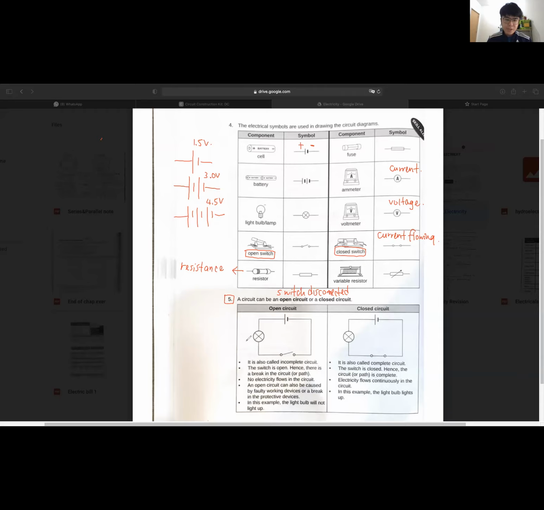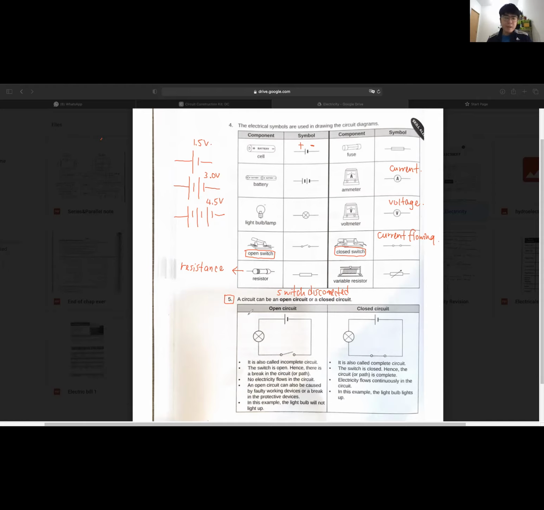Okay, look at the first column. It is also called an incomplete circuit. Why do we say incomplete? Because current cannot flow in the circuit. There's no complete path. If there's any break in the circuit, then current cannot complete the circuit, so there's no current in the circuit.